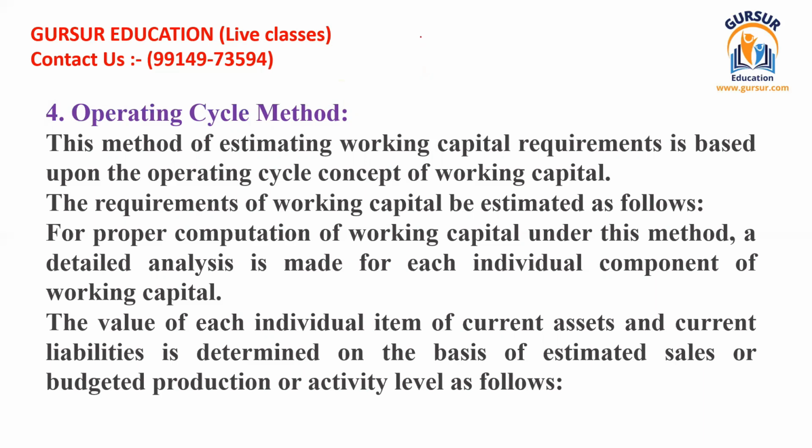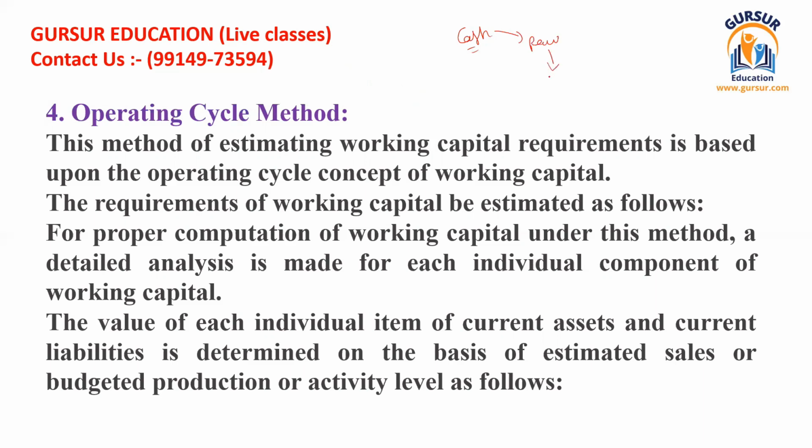What do we mean by operating cycle? First of all, the operating cycle tells you how fast, in a speedy manner, you can get your money back. Money back means cash, because if you have a manufacturing concern, first of all you have the cash and you purchase some kind of raw materials.